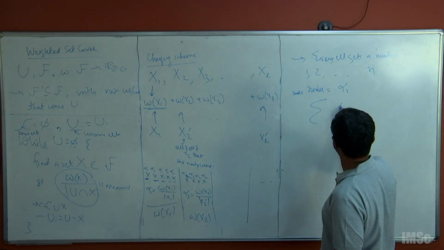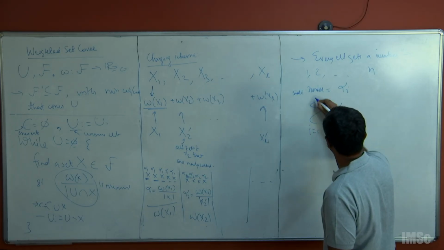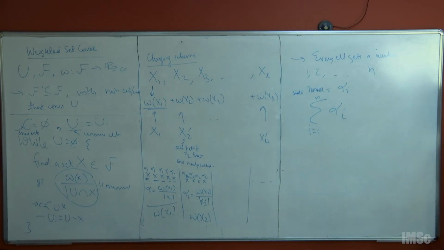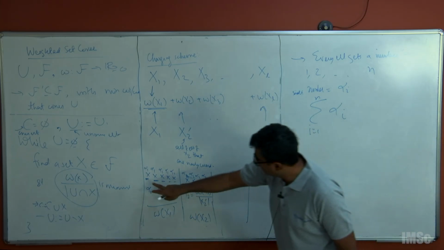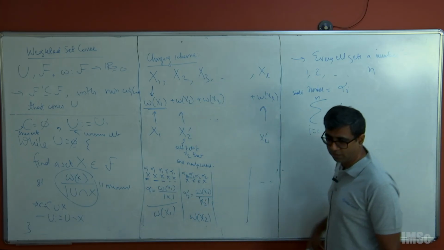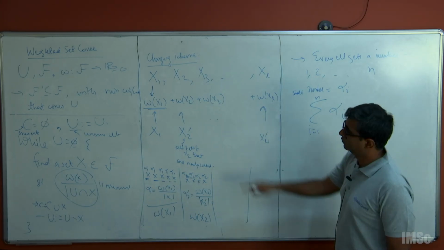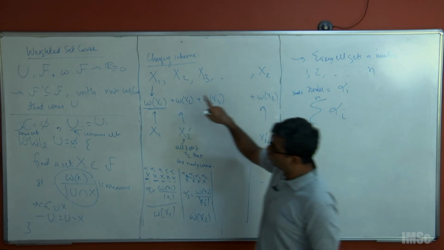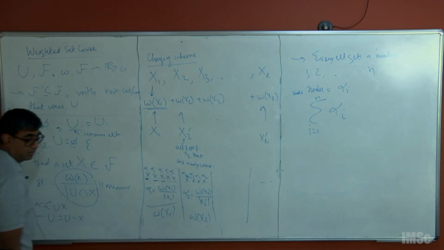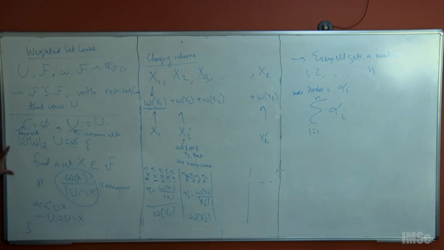Now if I do the summation over alpha i, i going from 1 to n, what is this equal to? If I sum their numbers individually, what will I get? The cost of the sets that I picked. That's it. Why is it useful? Now I can think about each element.